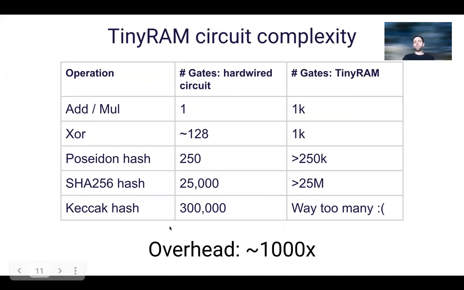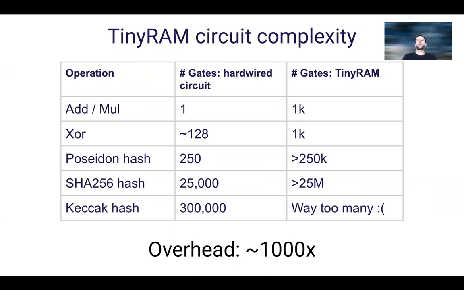For some simple computations, this will work. Actually, even for simple hashes, it will be already too expensive. But for hashes that are required for EVM, it would be prohibitively expensive. We won't be able to support it. The cost will blow up immensely.